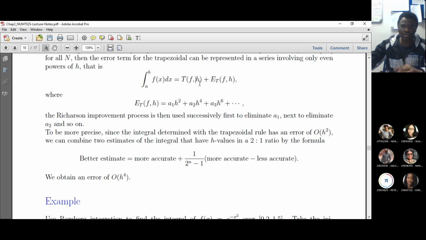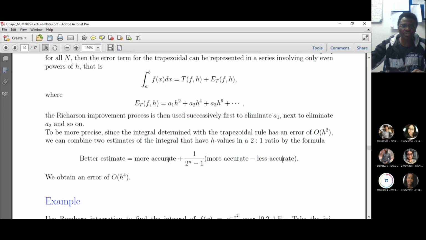We obtain two different results. The first result for h will be less accurate compared to the second result for h by 2.